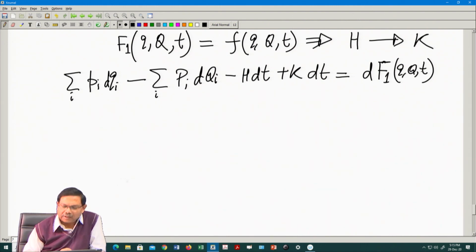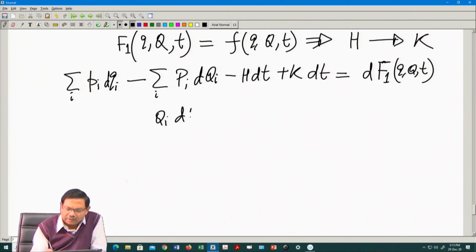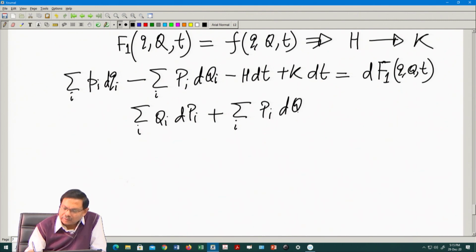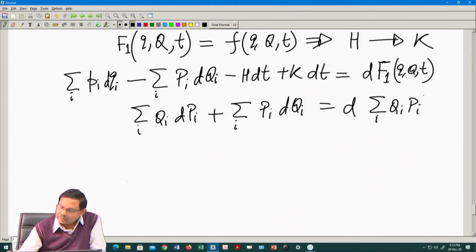Now, we can add to this according to our convenience. So, let us write sum over i of q_i dp_i plus sum over i of p_i dq_i. So, what is that? This is the total derivative of q_i p_i, right.